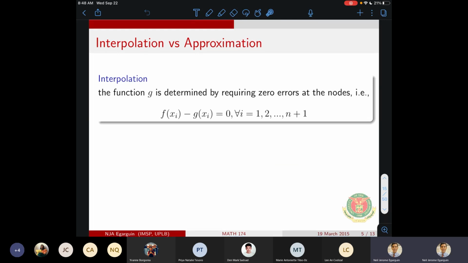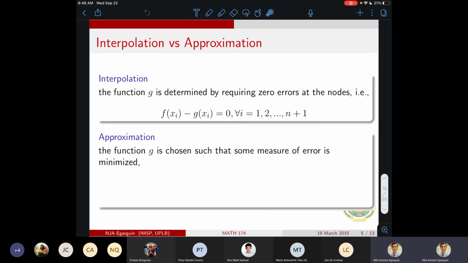On the other hand, when we say approximation, the function g is chosen so that some measure of error is minimized. So medyo relax yung condition sa approximation. Sa interpolation, sinabi na ano yung measure of error. You can think of this measure of error to be a little bit local, because we are only concerned with the errors at the given x_i. So ang ini-impose lang natin, dapat 0 yung error dun sa given x_i.